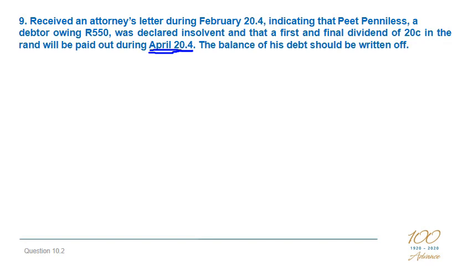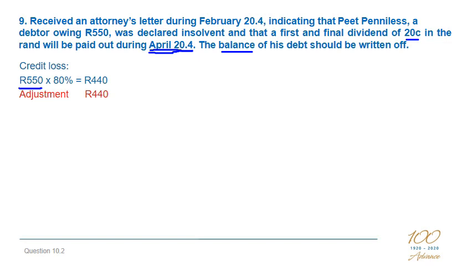So the 20 cents will still remain as outstanding, but the balance of his debt should be written off. Now, if we receive 20 cents, the balance will be 80 cents. So if we take the total debt of 550, multiply it with 80%, and this will be the credit loss that we need to adjust.